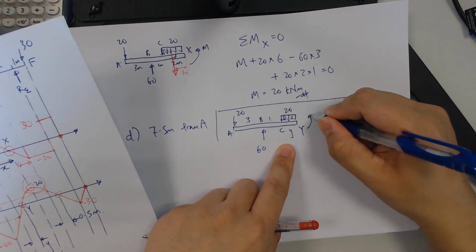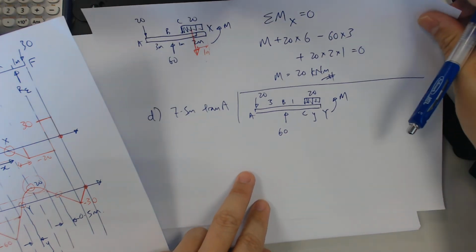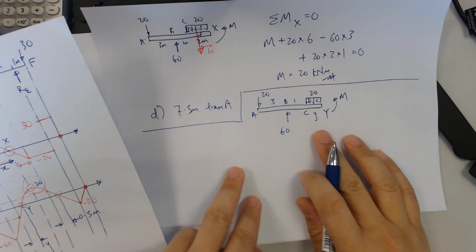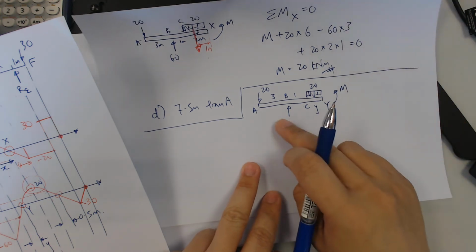We have a moment here M. So after you cut, this is the free body diagram.